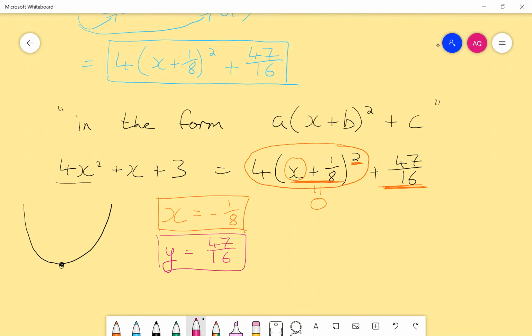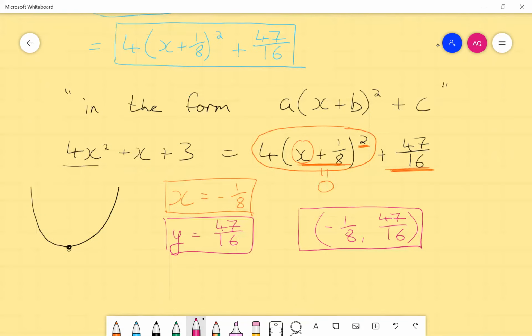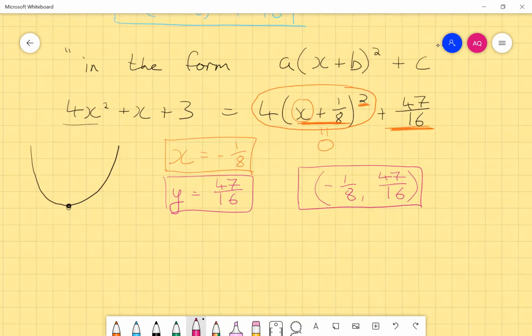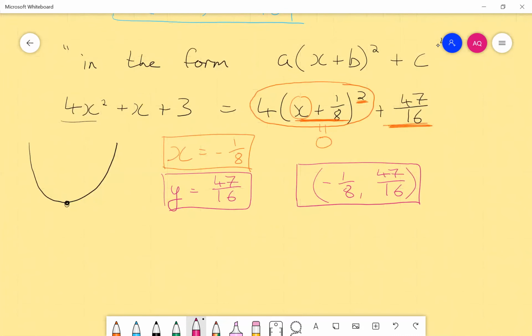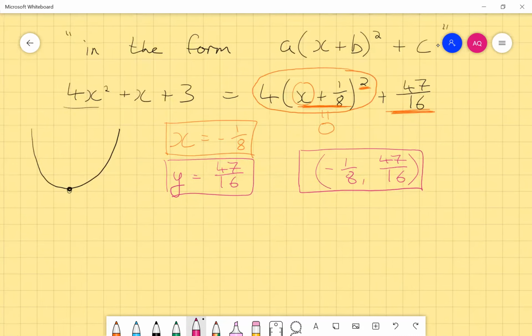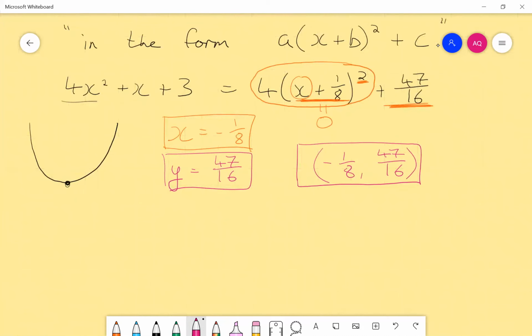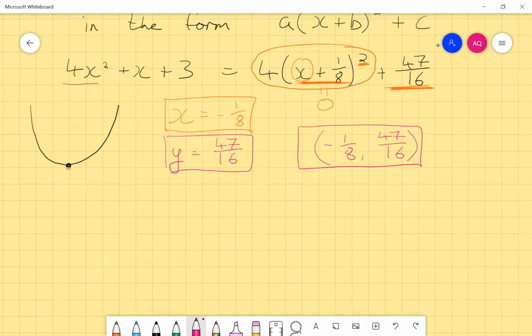So we could then say that our minimum point of this is minus 1/8 and 47 over 16. So that's one application of using the completed square. Now, we can obviously use calculus as well and differentiate to find a minimum value, which would be a little bit easier. But sometimes they ask to use the completed square to find this, or they might even link the two together in a question.